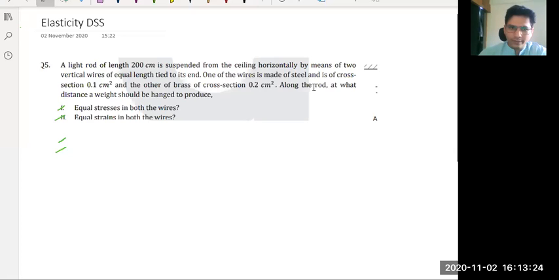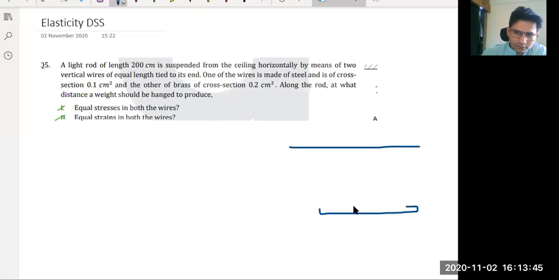Okay, very good, Abhiram. So let's see, everyone. Now, in this case, what is given? Just try to think what is given. A rod of length 200 centimeters suspended from the ceiling. So we have a ceiling like this. Then a rod is suspended. Suppose this is the rod, and this is suspended.